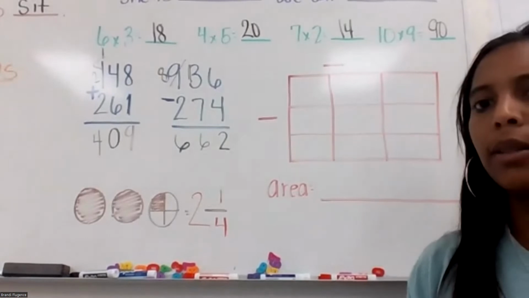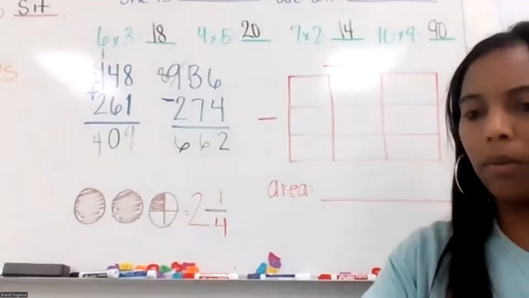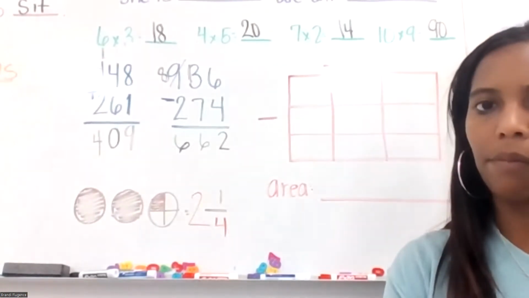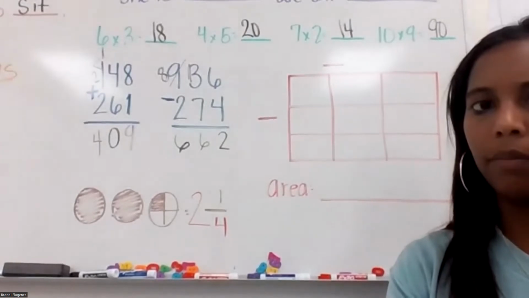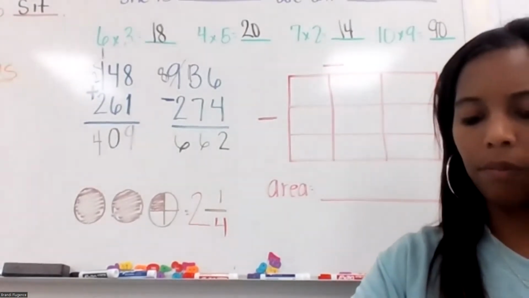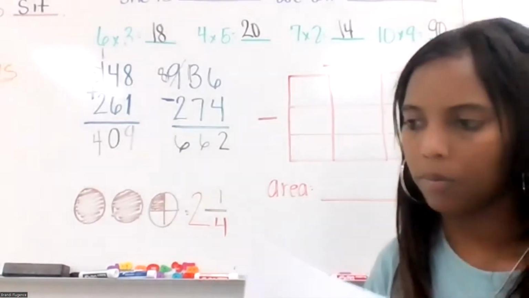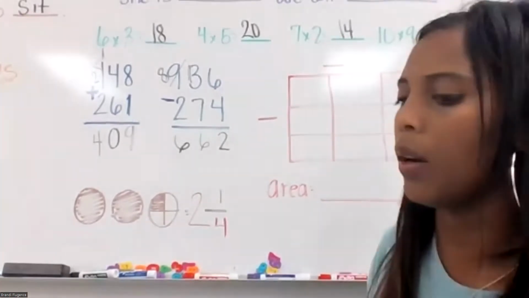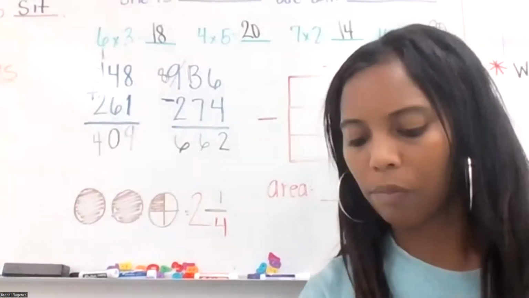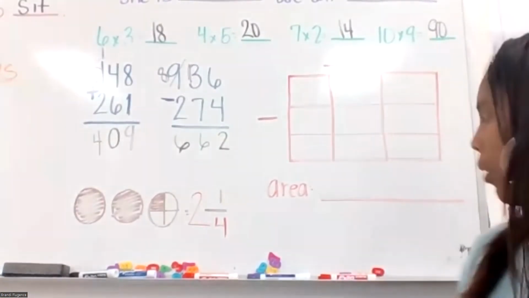All right, so look at my array. So what would my area be in my array? Anybody? Okay, Camille. 3 and 3.